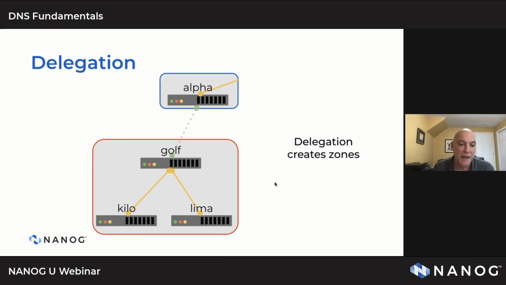If we just talk about the dots in terms of nodes, golf could add those nodes in its zone file and have them in that zone file. Or golf can also do delegation records down to Kilo and Lima. So again, the delegation is critical in the design.